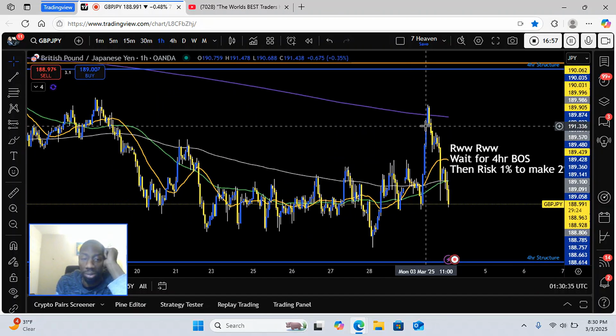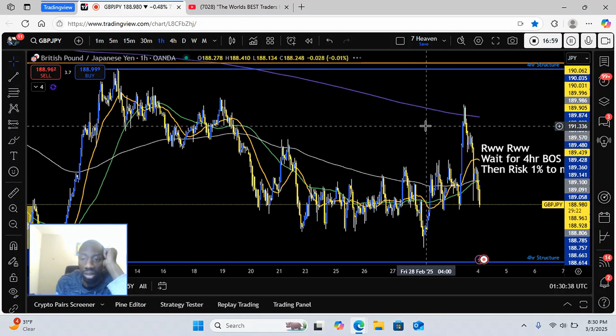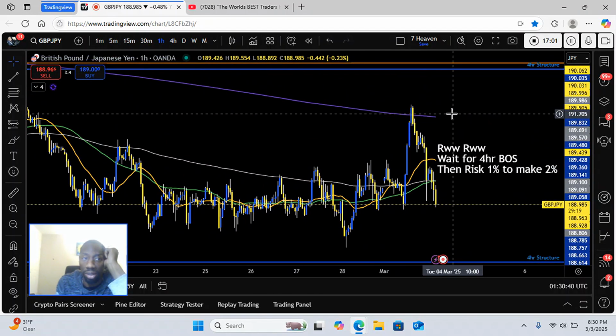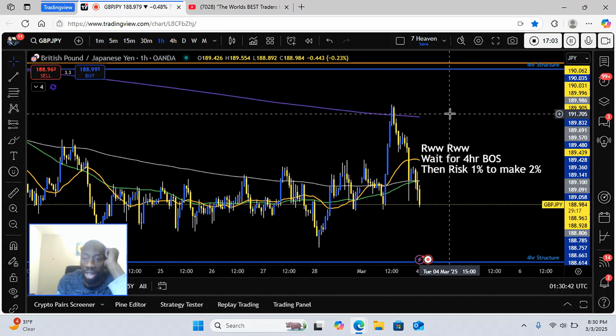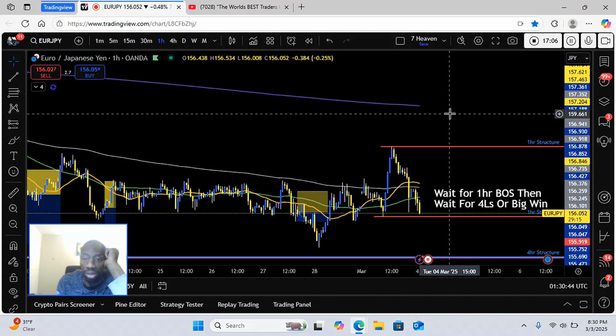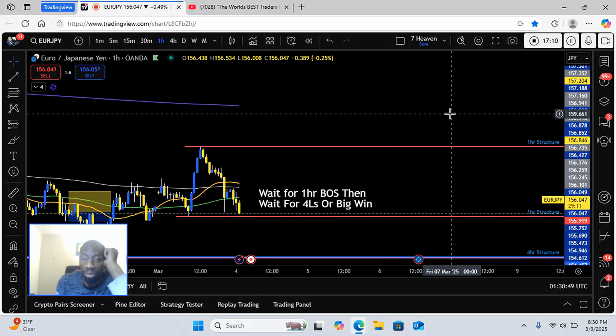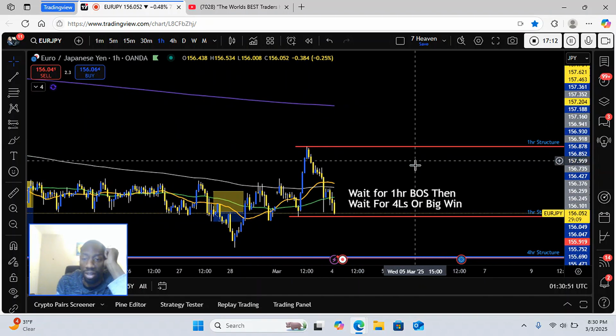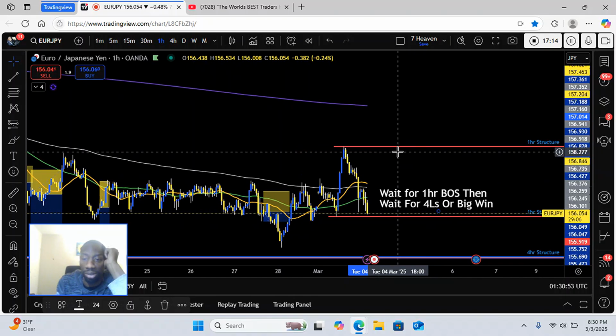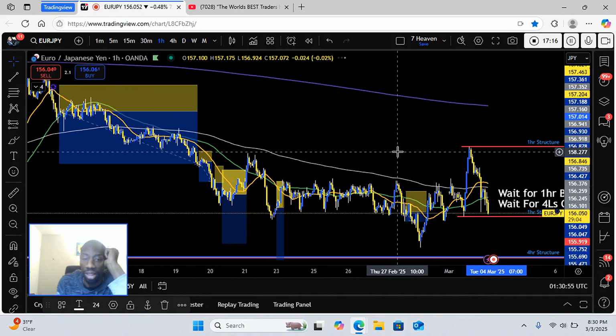That would bring down GBP USD, and that would, not GBP JPY, that would break structure. It's definitely going to bring down Euro JPY. We're about to break this 1 hour structure right now, and then we'll have a Robin trap situation. We're going to see what we get.